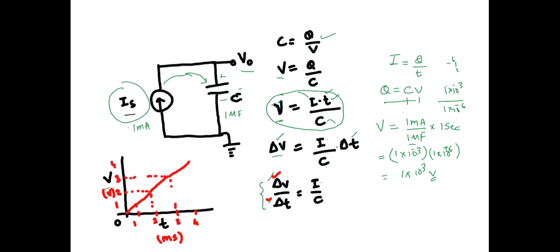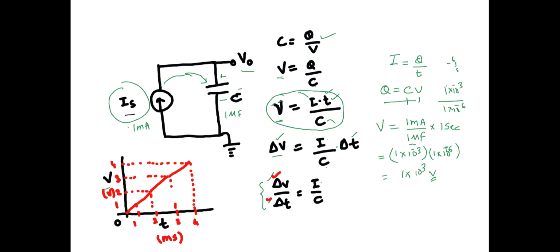This is the behavior of voltage and time, and this graph is telling us the capacitance is being charged with a constant current source. So these equations are very important for us to know.